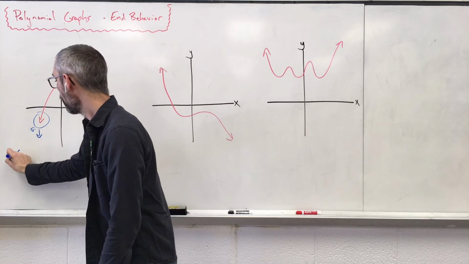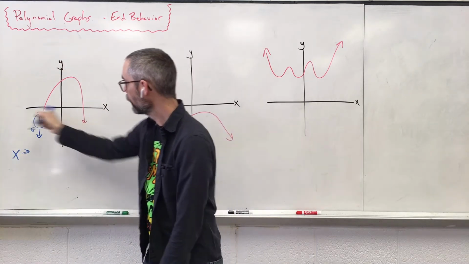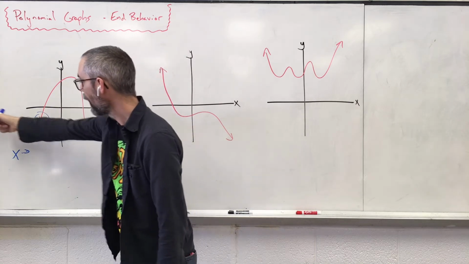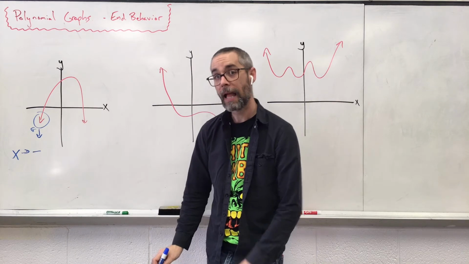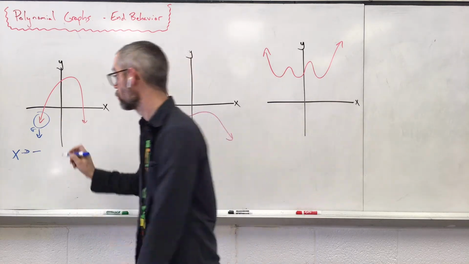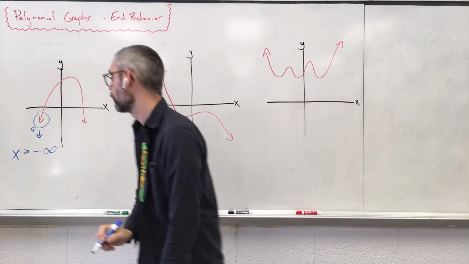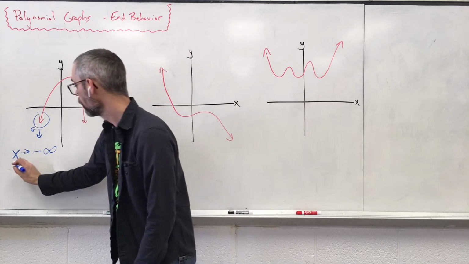Well, my x value, going left and right, it's going backwards in the negative direction. We're going to say x moves in the negative direction. How much does it move? Well, this graph goes on forever, so we're going to say it goes on forever by putting that infinity sign there. What about the y?